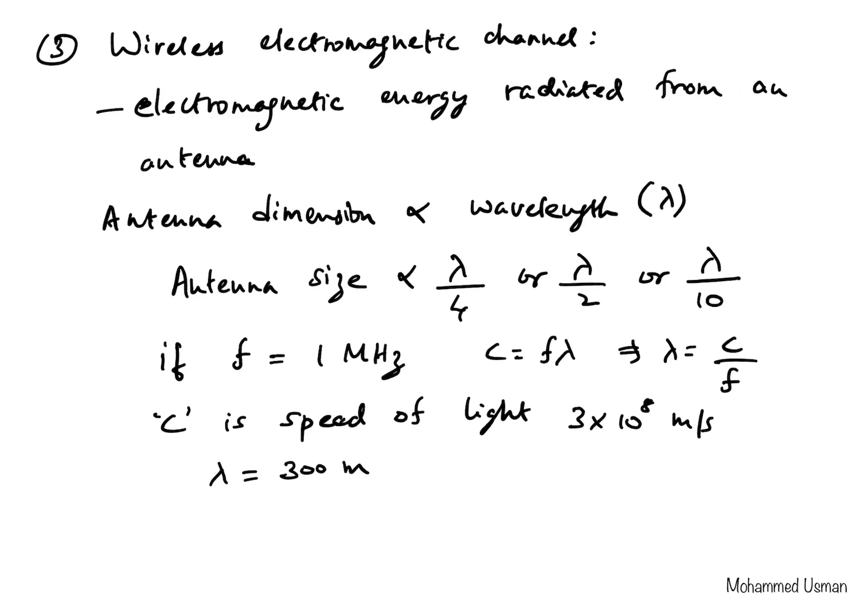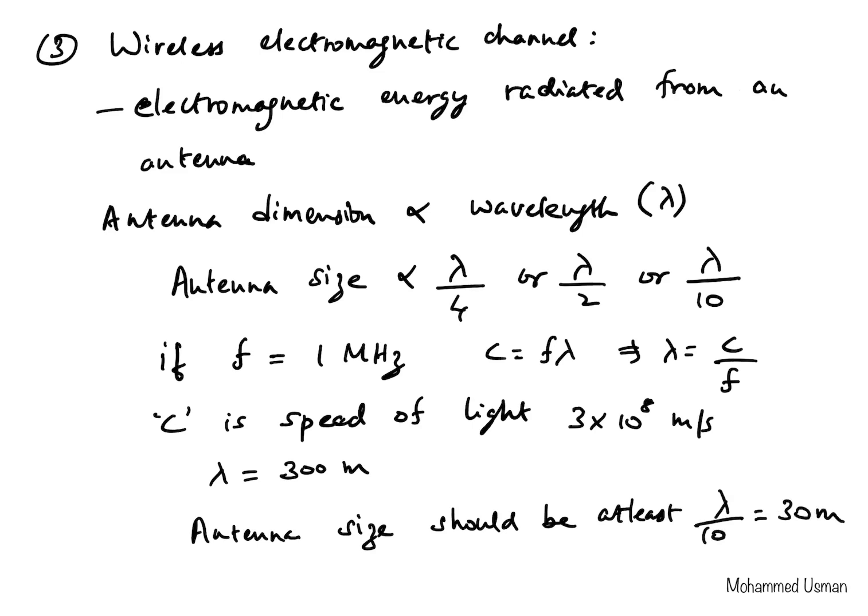Or if we consider that the antenna dimension should be 1/10 of the wavelength, that means the antenna should be at least 30 meters long, and this is a requirement for effective radiation of the electromagnetic energy. So the antenna size should be at least lambda by 10, which is 30 meters.